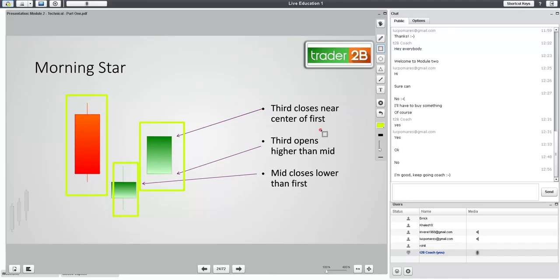And so as you can see here, the third closes near the center of the first. The third opens higher than the middle, which is very, very important when you're trying to assess a morning star. And the middle closes lower than the first.